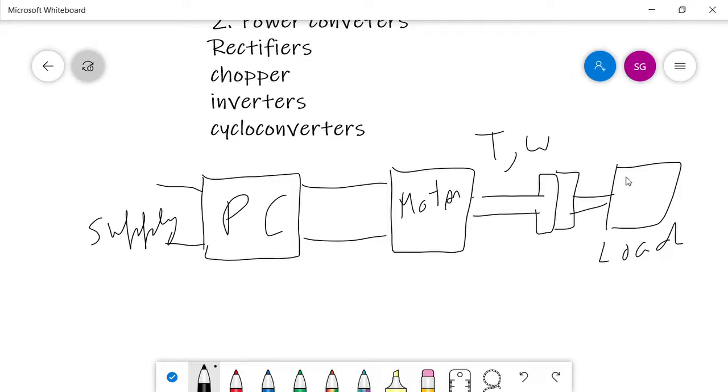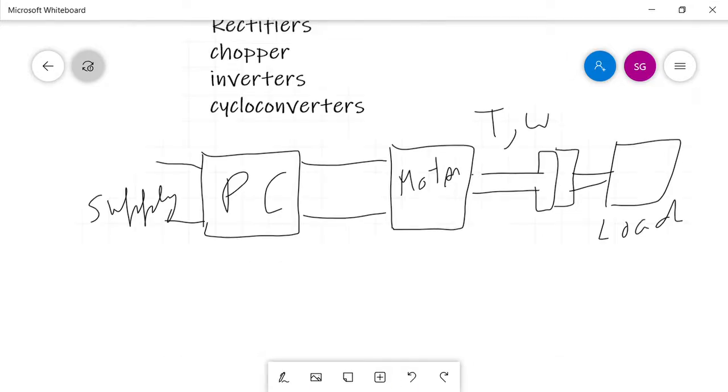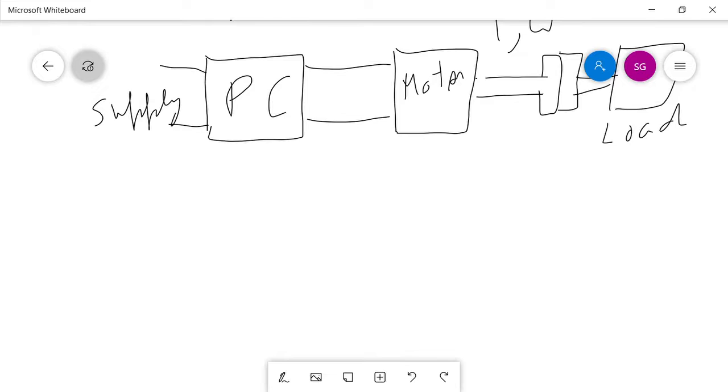So why control the torque and omega of the motor? A very simple reason is behind that: the torque speed characteristic of this motor is not the same as that of the load.